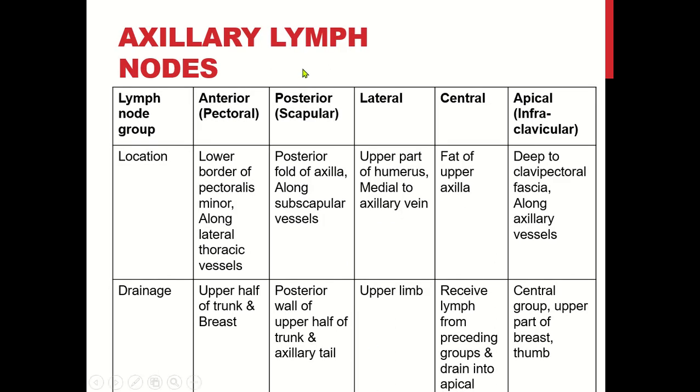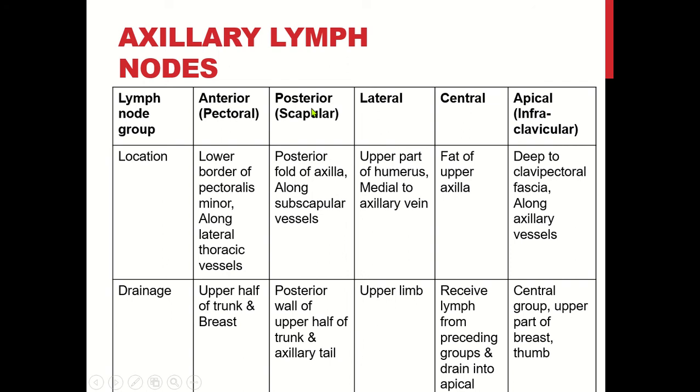And now we will go through the axillary lymph nodes, and the lymph node groups present in axilla are anterior, pectoral, posterior, scapular, lateral, central and apical or infraclavicular lymph nodes. The location, the anterior pectoral lymph nodes are present at the lower border of pectoralis minor muscle along lateral thoracic vessels.